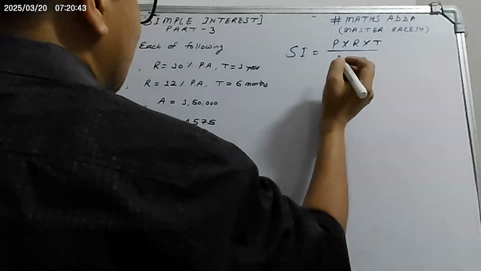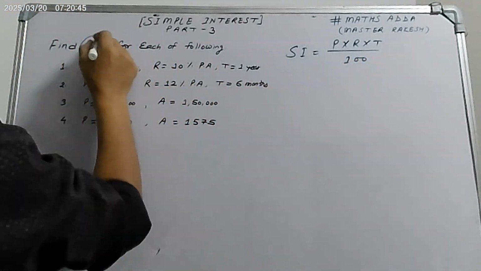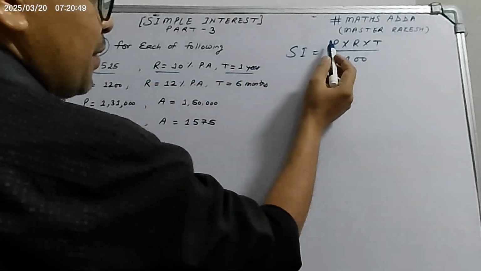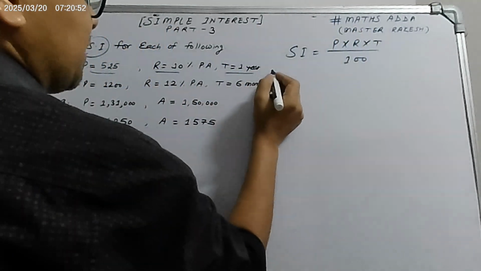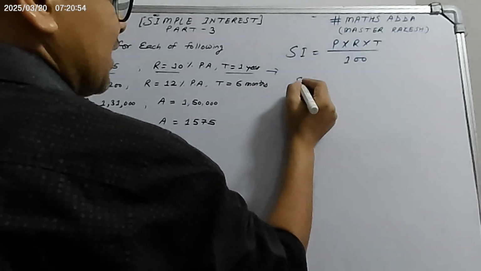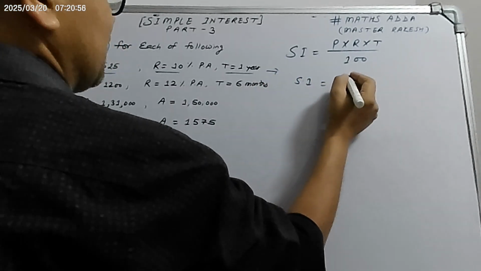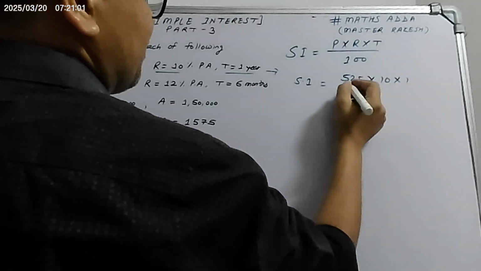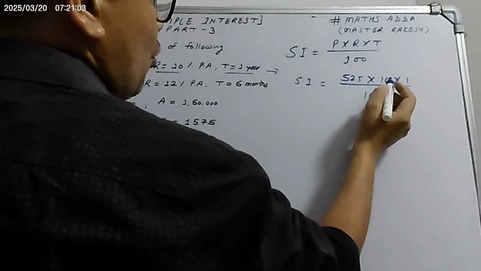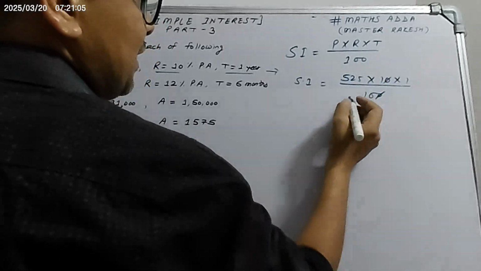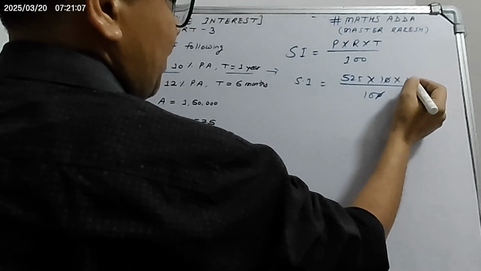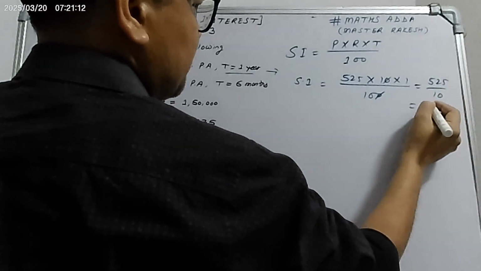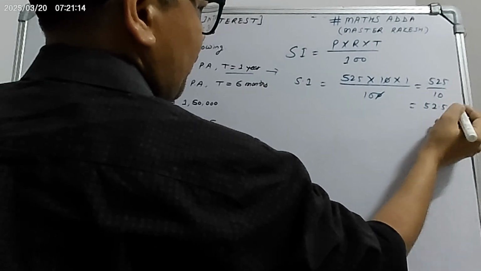If we have to find out the SI, P is given, R is given, T is given. The first question we'll do here. SI would be P is 525, R is 10, T is 1, upon 100. 10 and 10 cancel, so 525 upon 10 is 52.5.